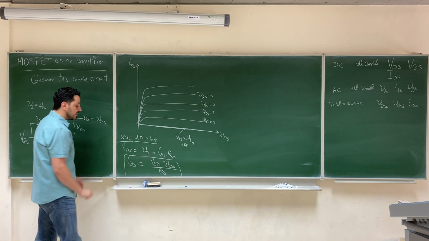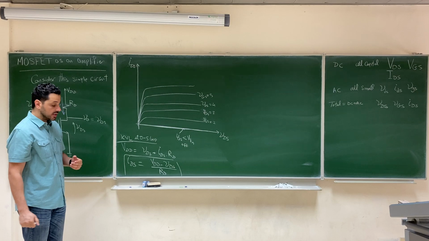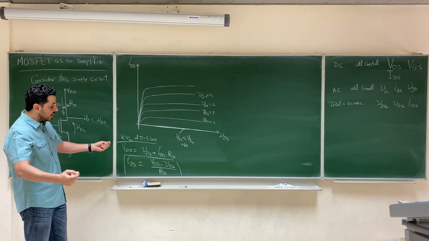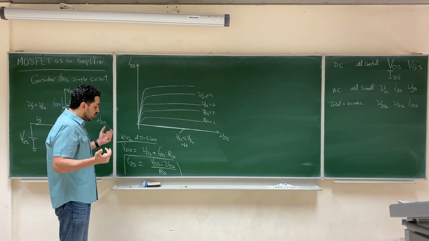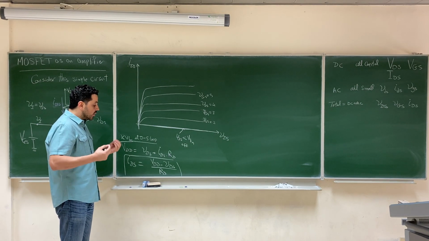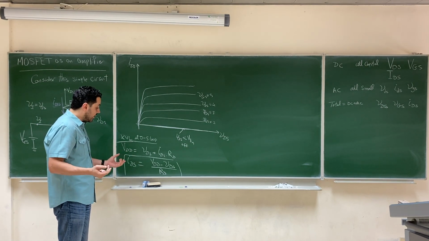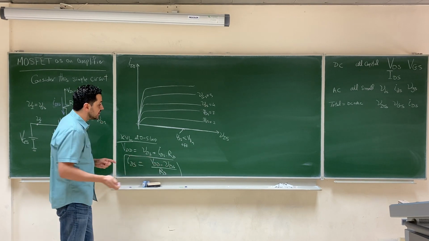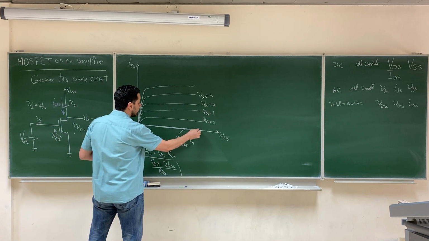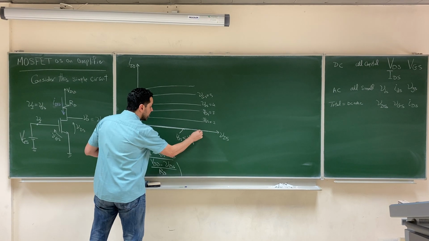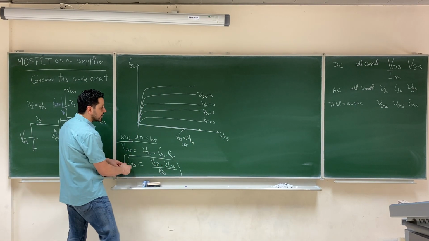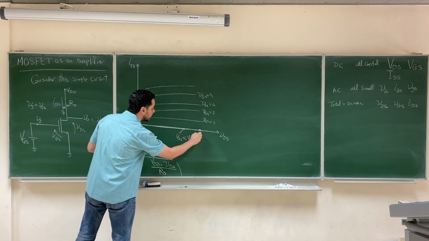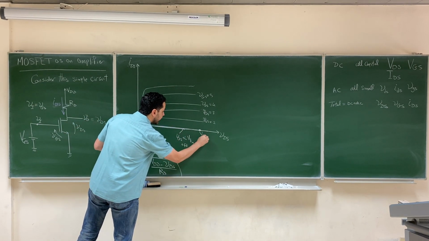This is a linear relation. We need only 2 points in order to plot it, and the two easy points are these. If you put VDS equals VDD, the current will be 0, so we get a point here.